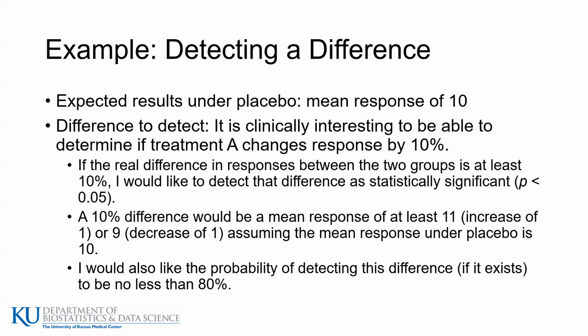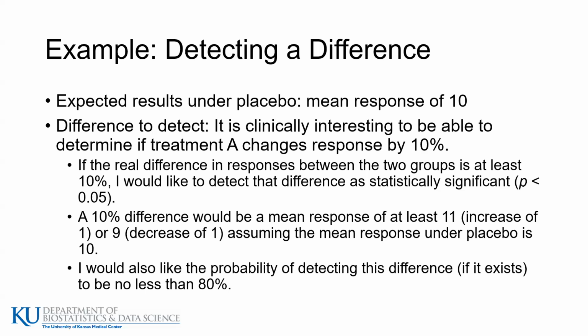We need to look at the literature, what have other studies seen, as well as what do we expect or what would be a clinically meaningful difference. So if the real difference in response rates between the two treatments is at least 10%, we want to detect a difference that is statistically significant.